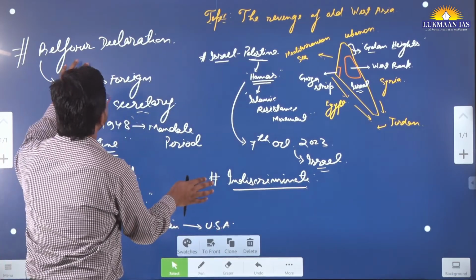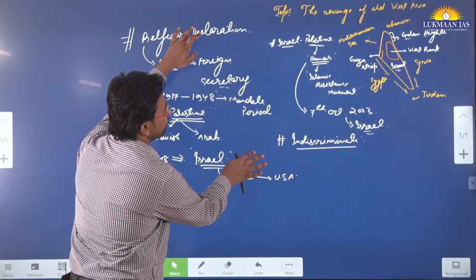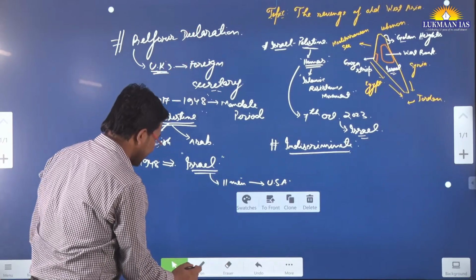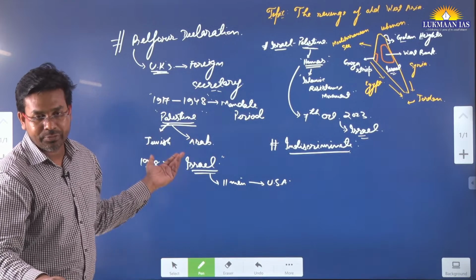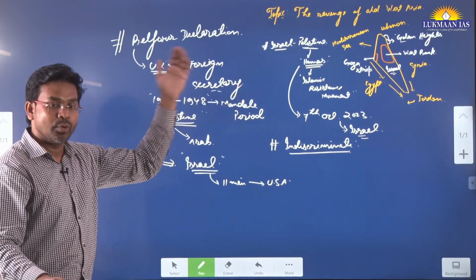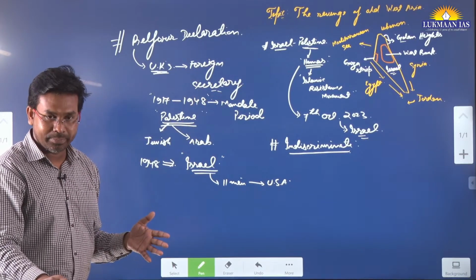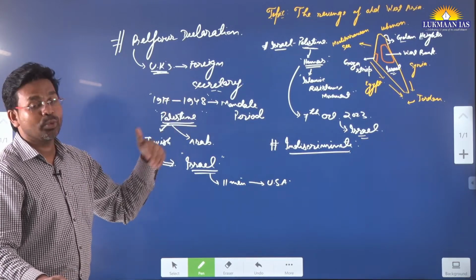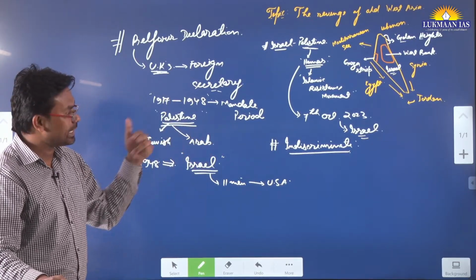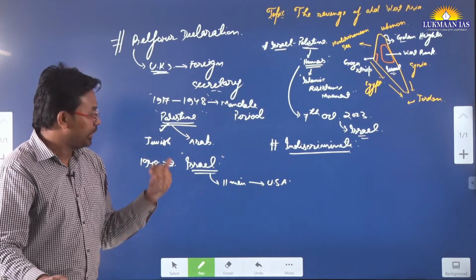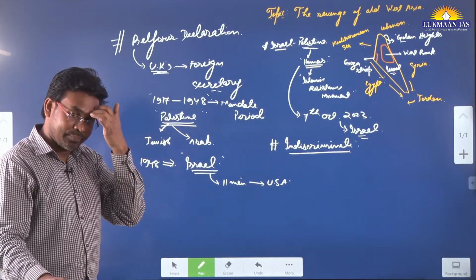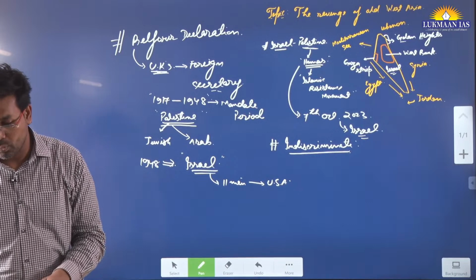But after this, those people who were displaced, the Palestinian people, wanted to take back their territory. So this created a rift between the Arab people and the Jewish people, and there have been many instances of war.